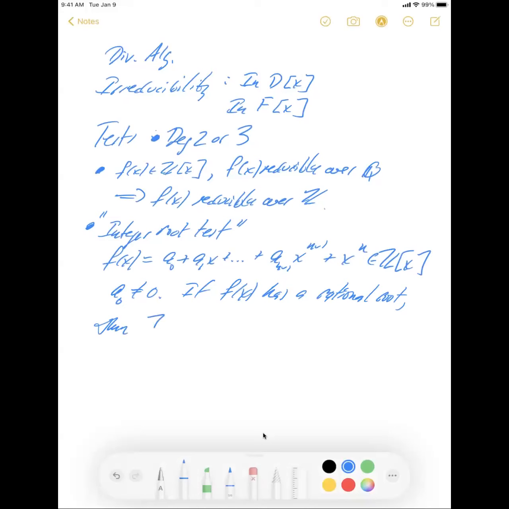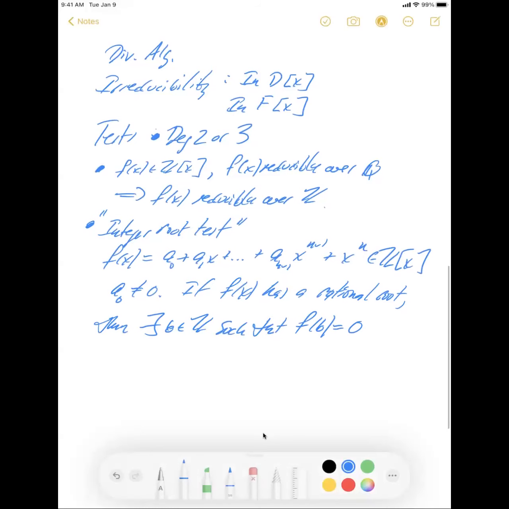So then there exists b in Z such that f of b equals 0, and b divides a0. So essentially what this says is, if you're going to have a rational root, then it needs to be an integer that divides the constant coefficient, right?